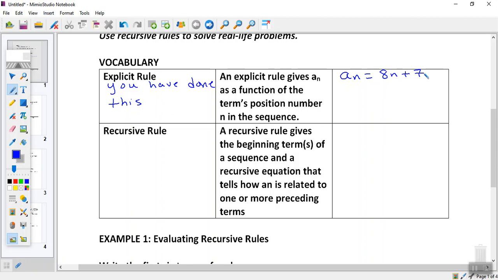47, okay? You've also written geometric functions, haven't you? Like the nth term is equal to, I don't know, give me an example of a geometric sequence. Anybody?